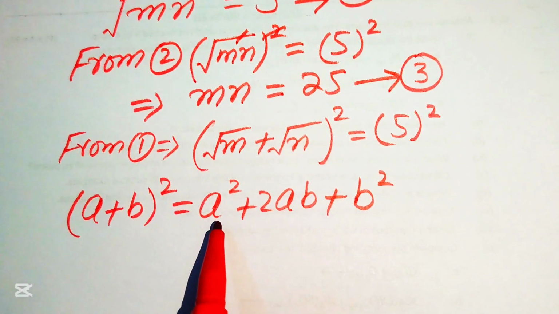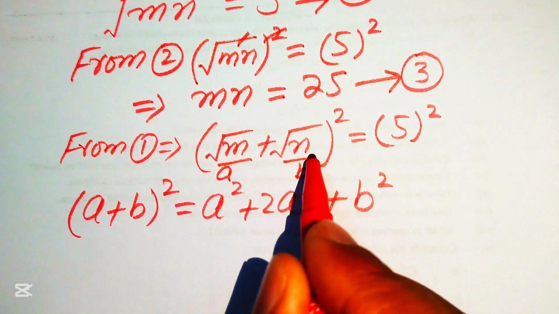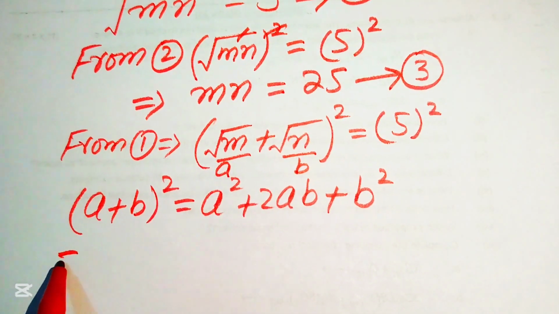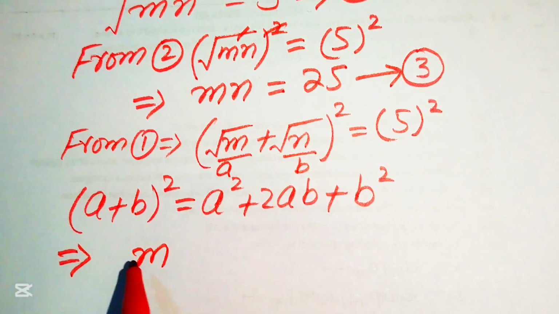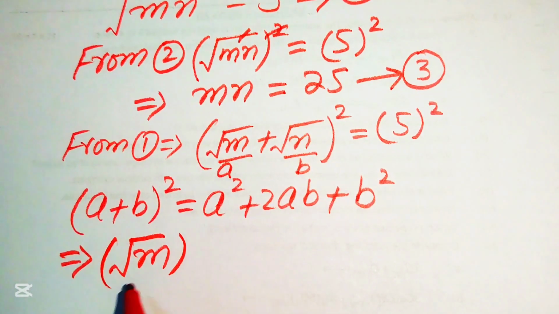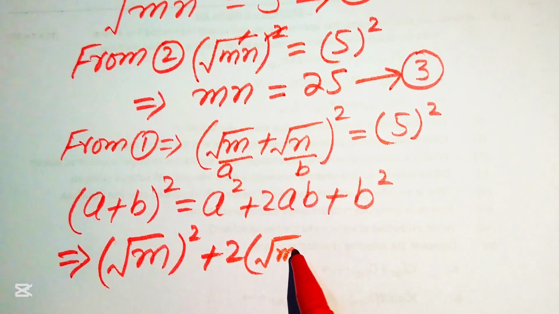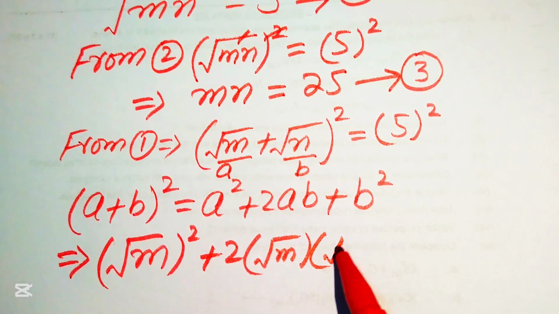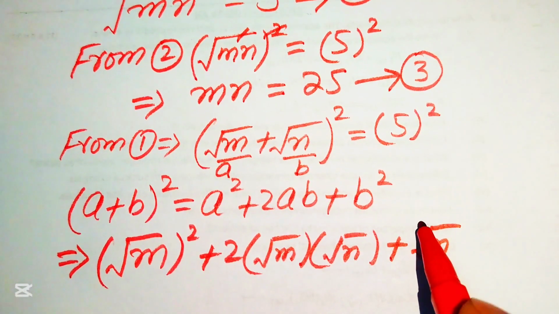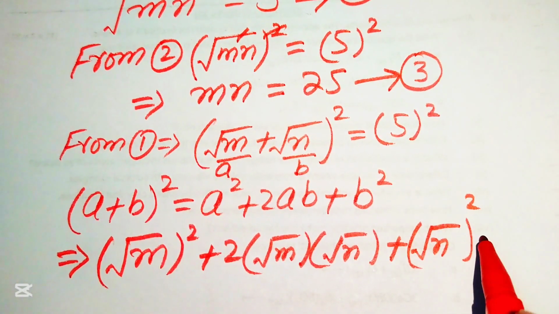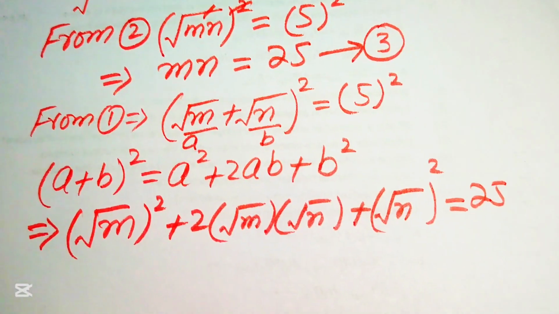We need to substitute the values of a and b here: the value of a is square root of m, and the value of b is square root of n. According to this formula, we write our equation as square root of m, whole square, plus 2 times ab, where a is square root of m and b is square root of n, plus b square, so square root of n whole square, equals the square of 5, which becomes 25.